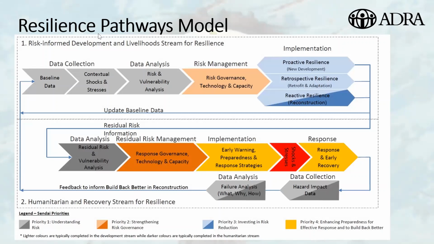Now, the pathways model itself shows the link between the development and the humanitarian stream. However, the pathways that you're asking about are actually the pathways that the communities would have to access. And if this model is followed, you would have that information with you.